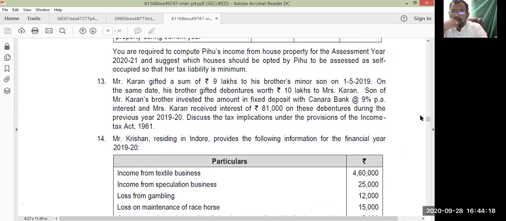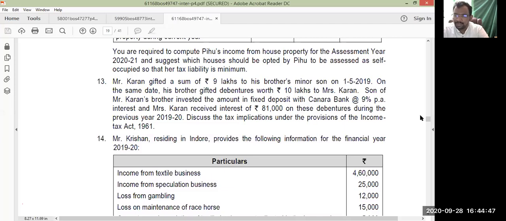Here, a 9 lakhs gift is given by Karan to his brother's minor son, and his brother gifted 10 lakhs worth of debentures to Mrs. Karan. While clubbing the income here, whatever interest income his brother's minor son is getting should be clubbed with the total income of his brother. While clubbing that interest income, claim exemption under section 10(32), 1500 rupees.